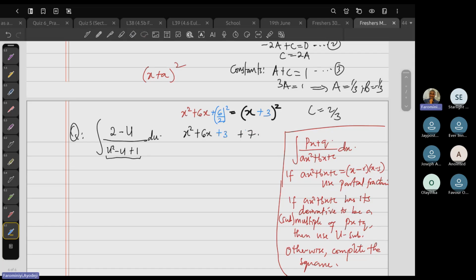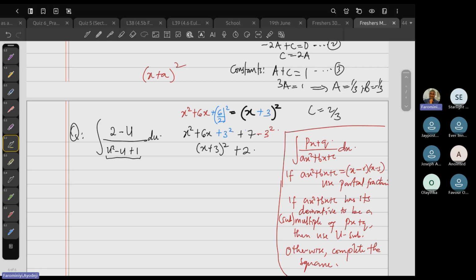But because you are not doing magic, whatever you add, you must subtract, minus 3 squared. So this is equal to x plus 3 squared plus 2.